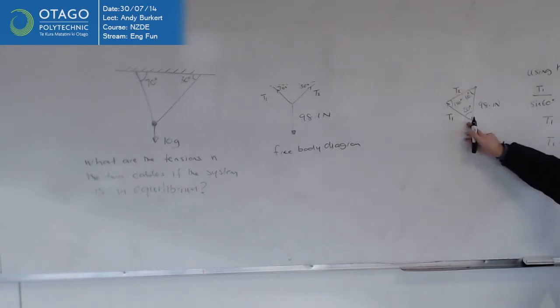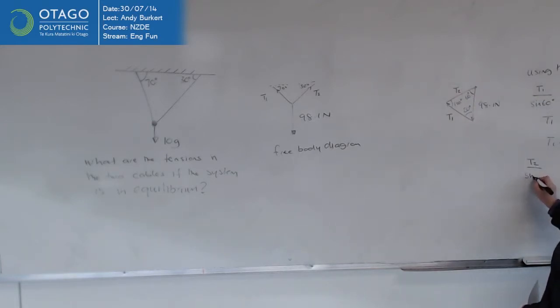The angle opposite is 20 degrees, so T2 over sine 20 degrees equals, and we use the same one again, 98.1 divided by sine 100 degrees, rearrange. This time you get T2 equals 98.1 sine 20 degrees divided by sine 100 degrees.